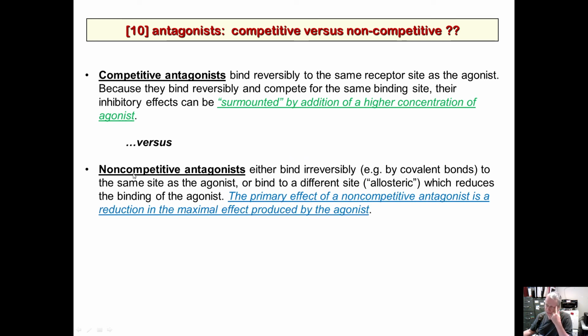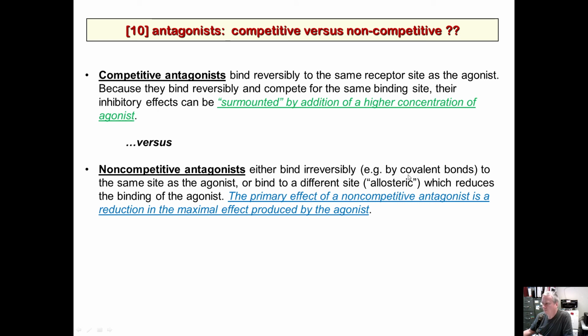This contrasts with a non-competitive antagonist, which may bind irreversibly through covalent bonding. Where have we seen that before? Like the concept of suicide substrates, like clavulanic acid in antibiotic research.